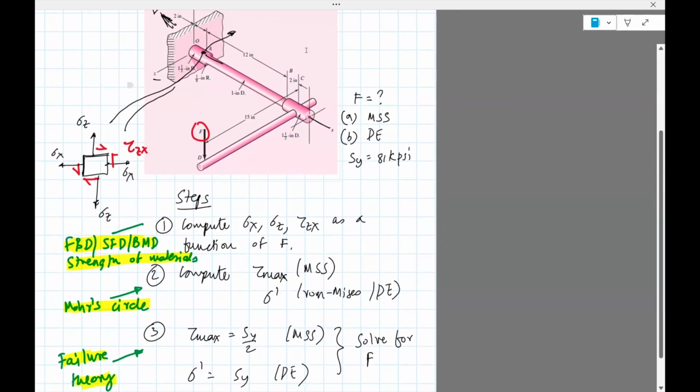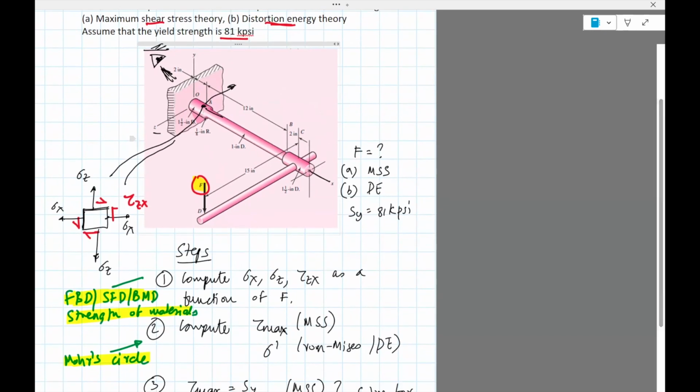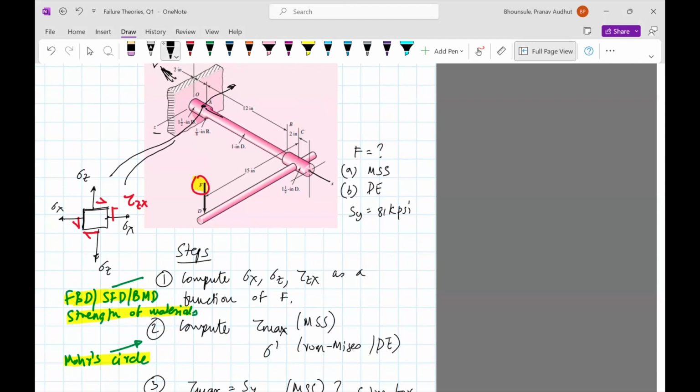Okay, so let's get started. So we have a force F, and that force is going to cause a stress at A. We need to identify what sort of stresses are created at A due to F. Okay, what have we learned so far? We've learned bending moment, we've learned about torques, we've learned about shear forces, anything else?